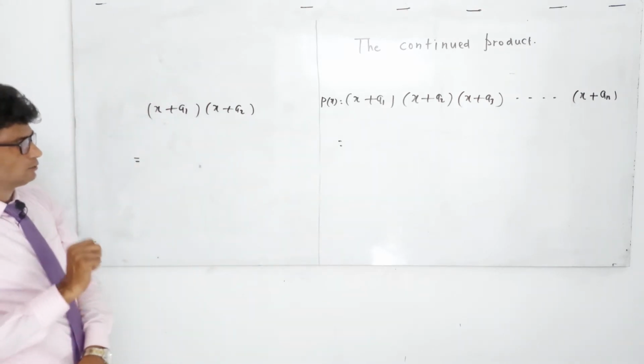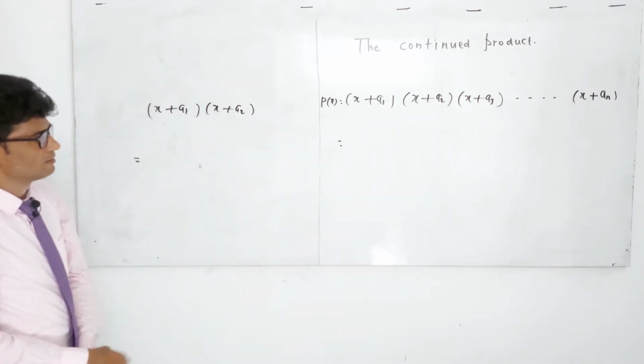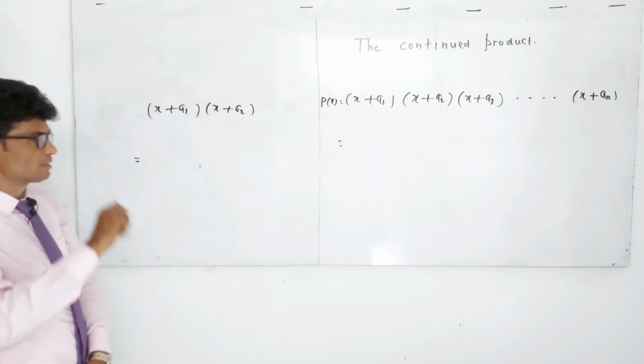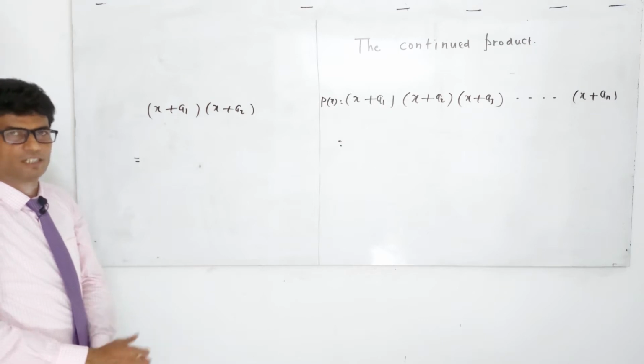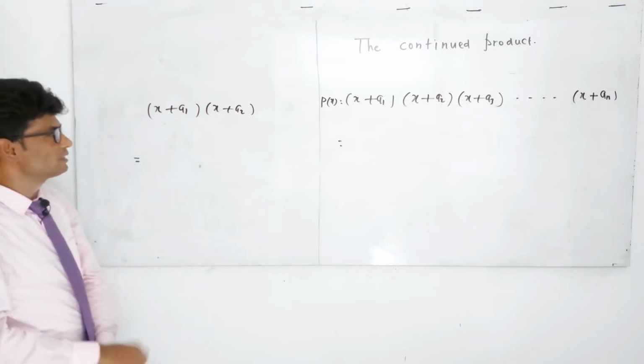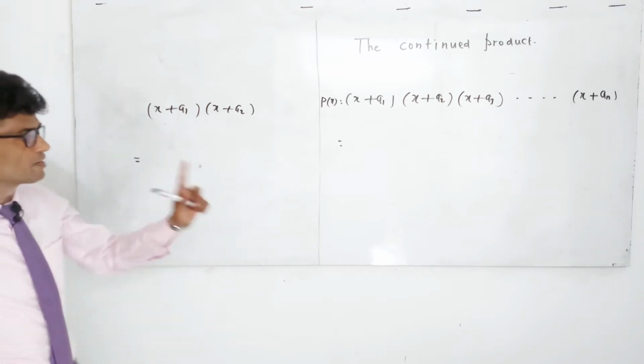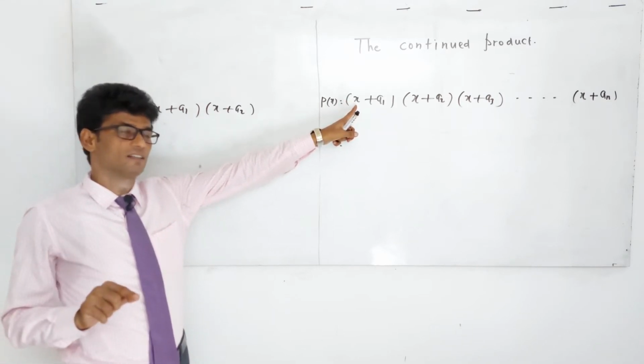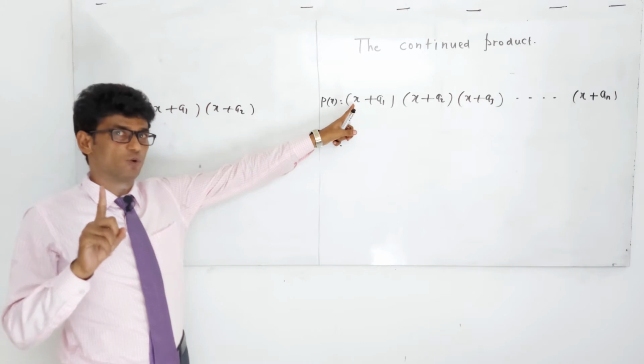But one restriction of this multiplication is that the coefficient of x in each factor must be unity, that is 1.